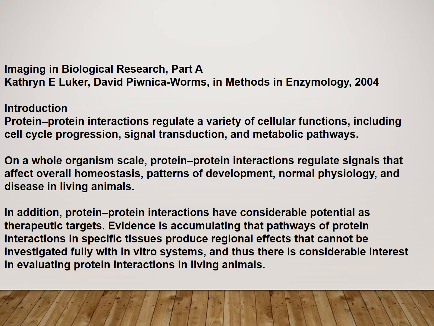You have normal physiology, and then of course when things are not right, we get disease in living animals. And a lot of times the protein-protein interactions are different. There's too much interaction, not enough interaction, these kinds of things. Anything off the normal balance.